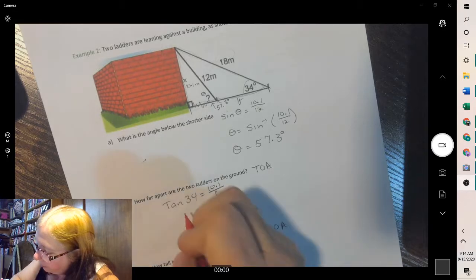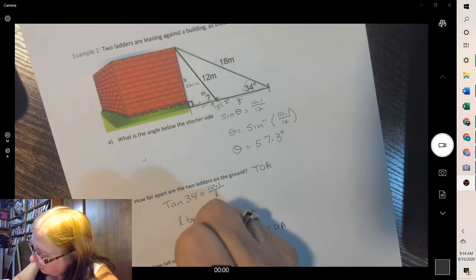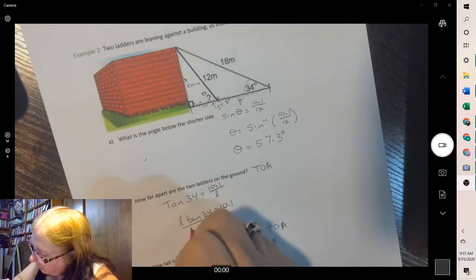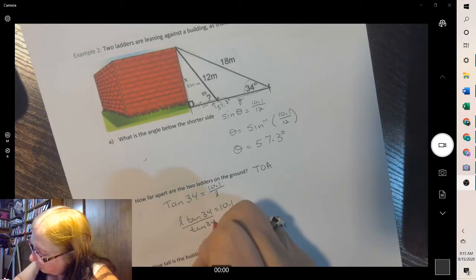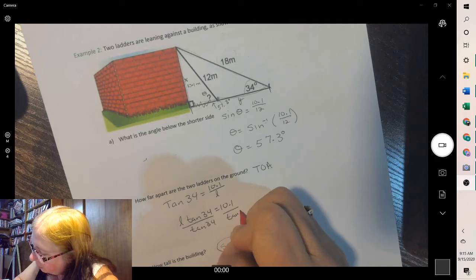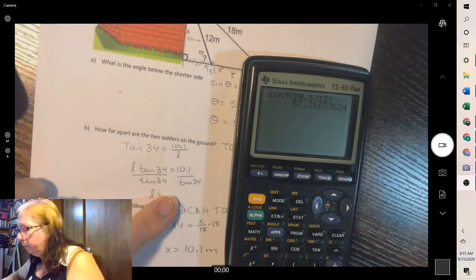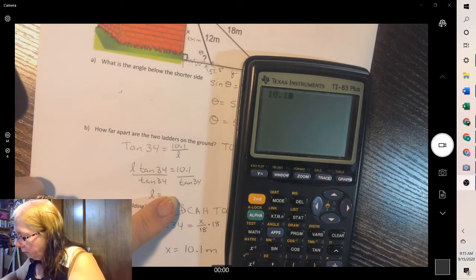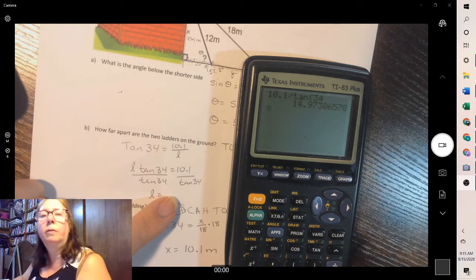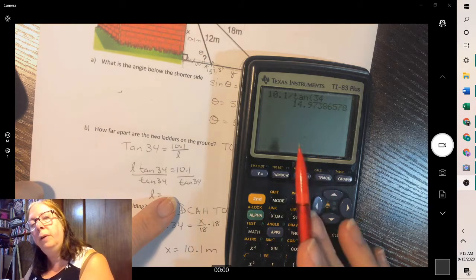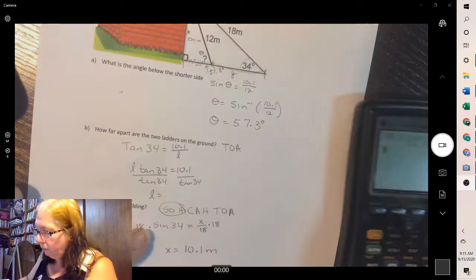Multiply the L to the other side and divide by the tangent. Divided by tangent 34, we get 14.9, but that 9 is going to round it up, so it's actually 15.